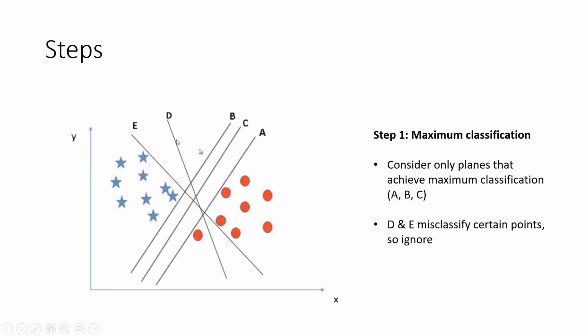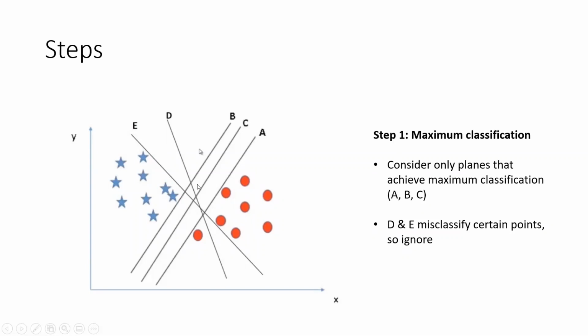So plane D does not achieve that maximum classification. Similarly, if you take plane E, for instance, the same scenario applies, right? Along with all of these star data points, you are again misclassifying this circle data point because this also falls to the left of this plane E, right?